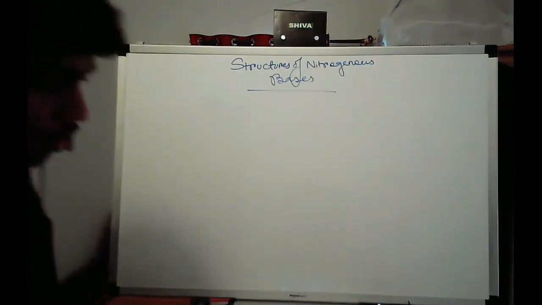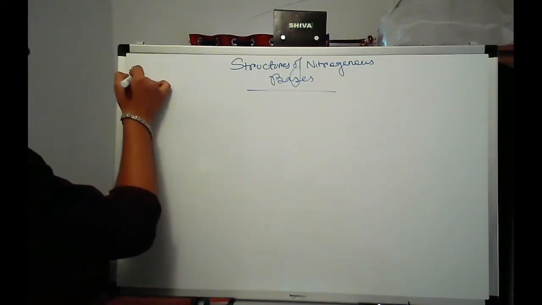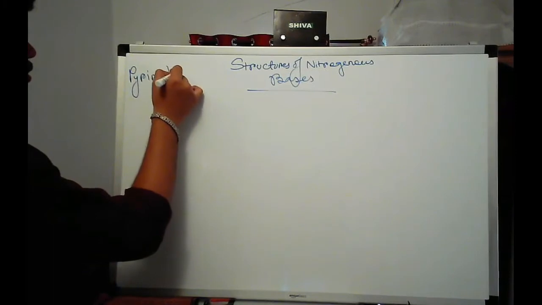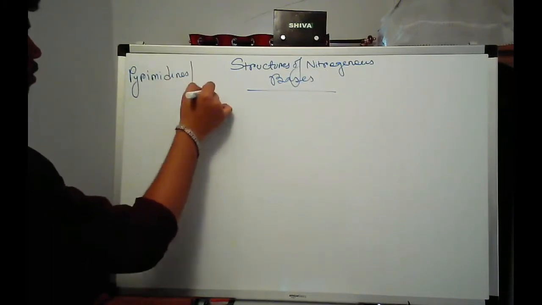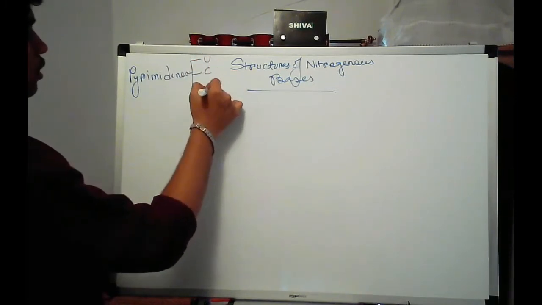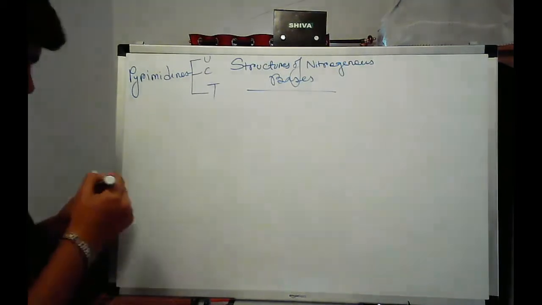Now we are going to focus on pyrimidines. There are three kinds of pyrimidines: uracil, cytosine, and thymine.